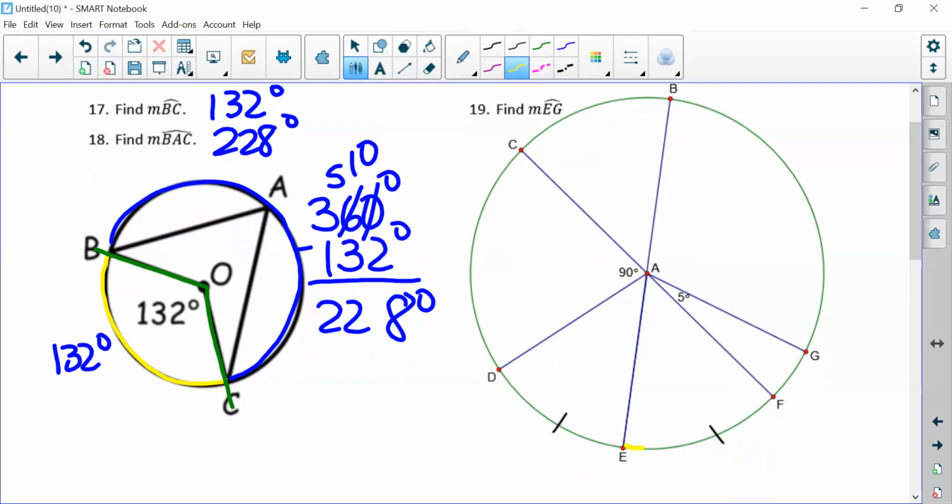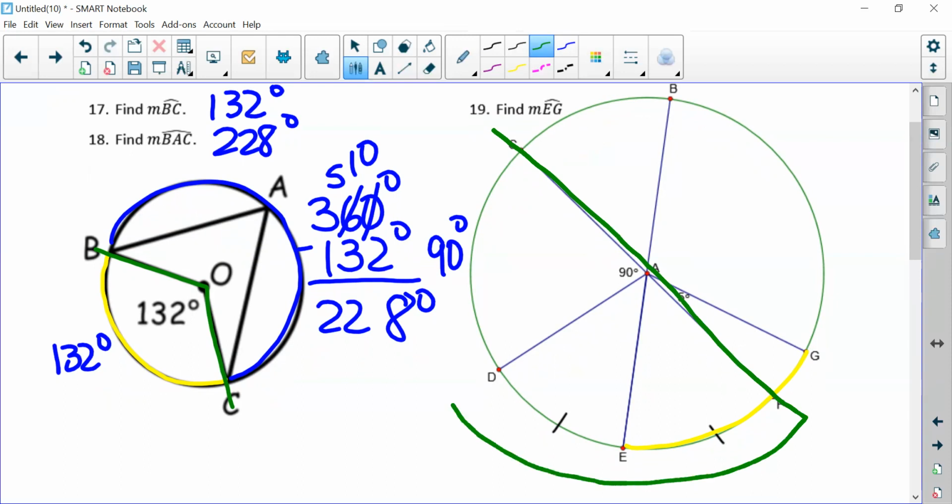Okay, number 19, they asked us to find the measure of arc EG. Okay, y'all, here is arc EG. All right, so let's start out by looking at the information that they give us. Okay, we know this central angle CAD has a measure of 90 degrees, which means that arc CD has a measure of 90 degrees, okay? Y'all, if I look, I notice that CF is the diameter in the circle, which means this creates a semicircle, okay?